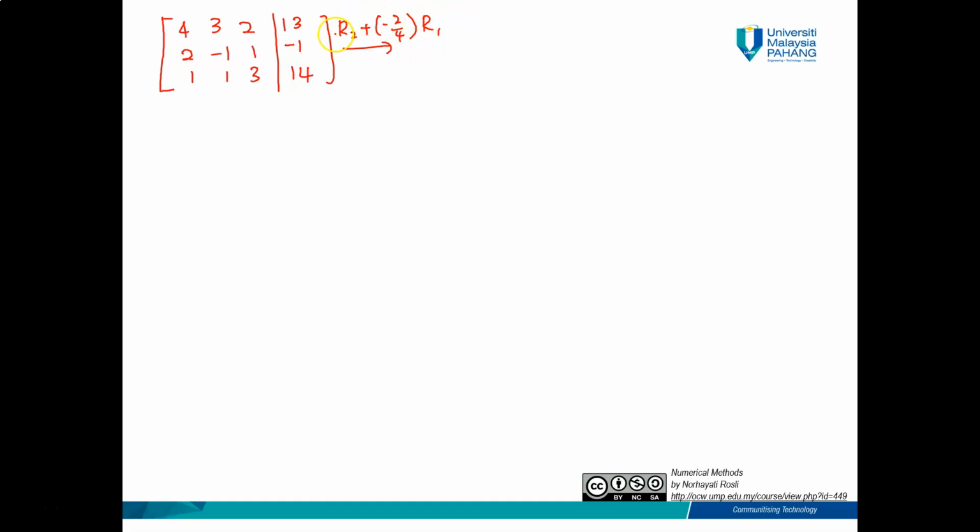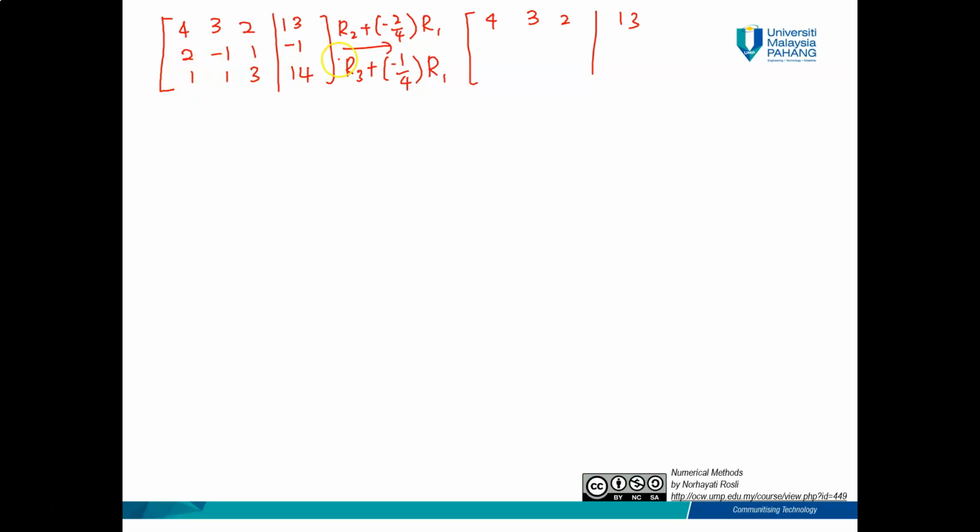So this one is the formula for the row operation that refers to row number 2. And then you write under this arrow the row operation formula for row number 3, that is R3 plus negative 1 over 4 R1. When we have these two formulas class, row number 2 and row number 3 will change. The values will be changed. But for row number 1, we do nothing.